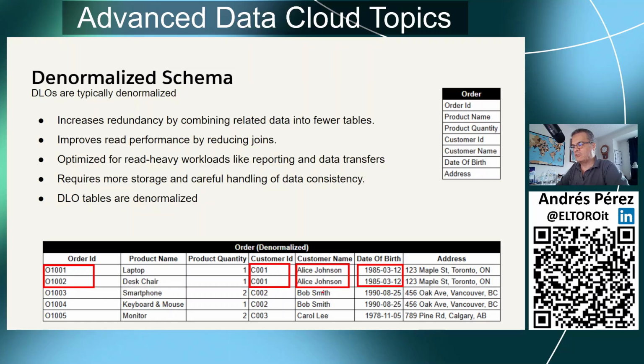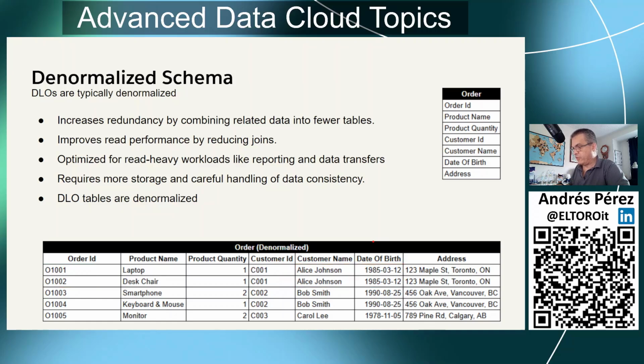Notice that in this particular case, if we wanted to change the spelling of the name of Alice Johnson, we would have to change multiple records. So it's actually not a good idea to have your database defined with a data model like this. That is denormalized. Now there are some advantages and some disadvantages.